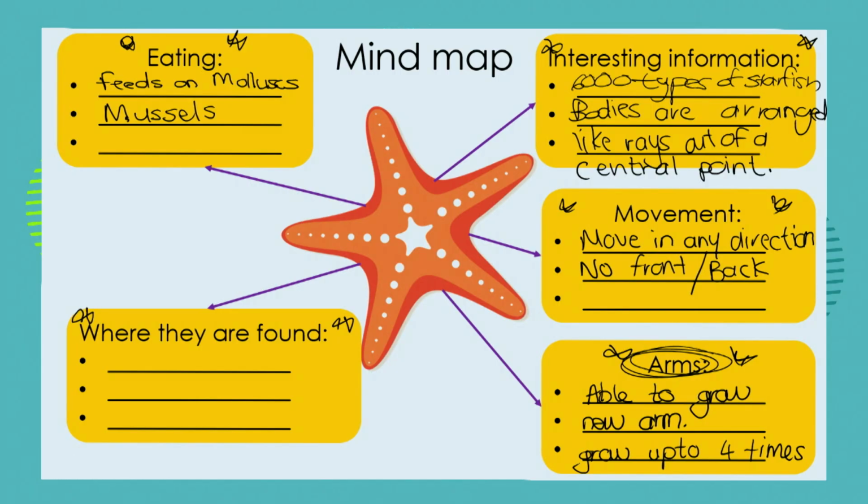And let's go to one of our last components. Where are they found? So most seashores. Now you can't say all seashores because that is incorrect, grade 4s. Remember, it needs to come from the text that we've read. They live in 2 places.